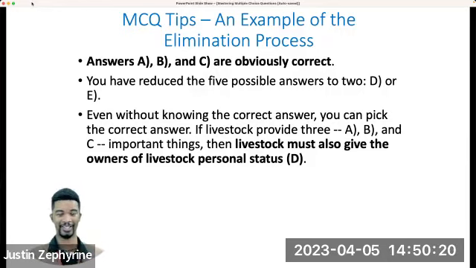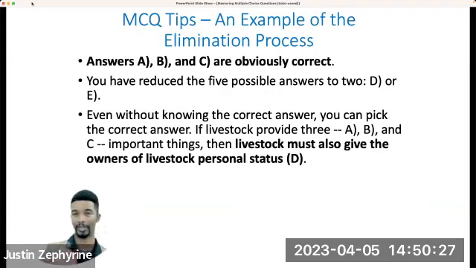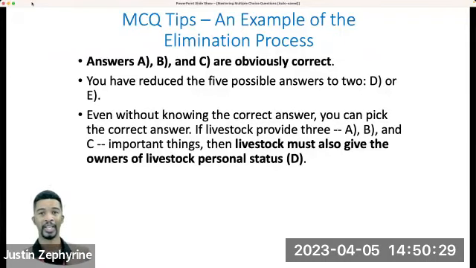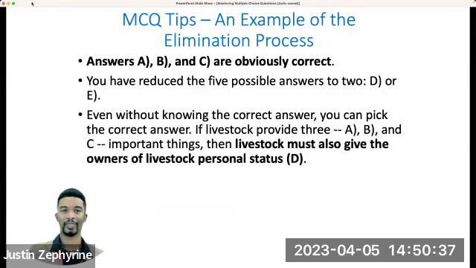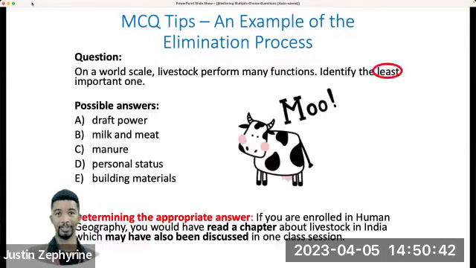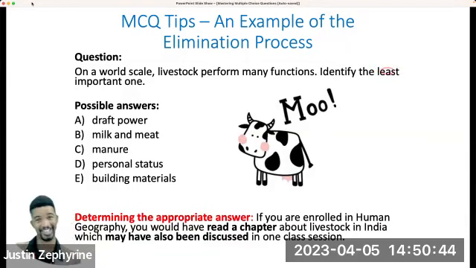So if you look at Who Wants to Be a Millionaire, it's like you do a 50-50. You took out the first couple of possible answers, or options, and you're left with two. But even without knowing the correct answer, you could kind of decide between the two, right? Anyone want to take an educated guess between D and E, what the answer might be? Oh, that rhymes, huh?